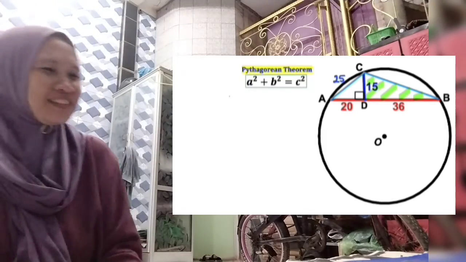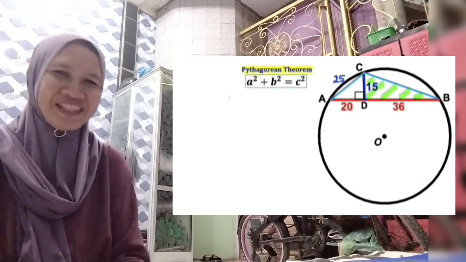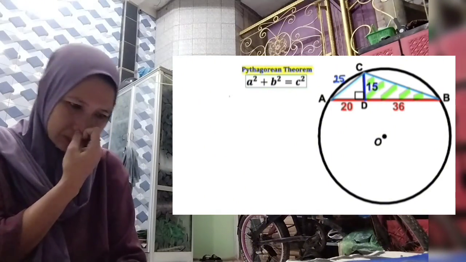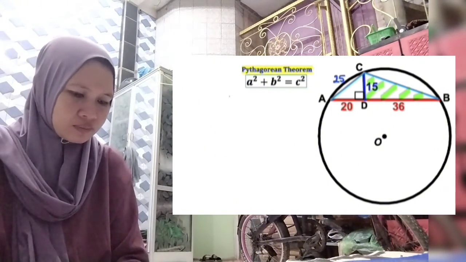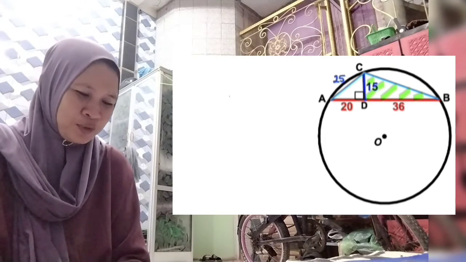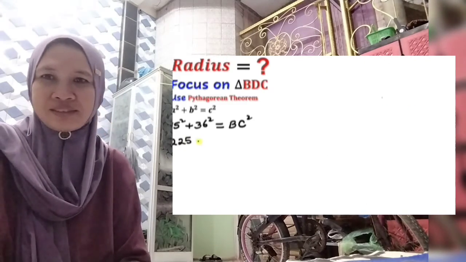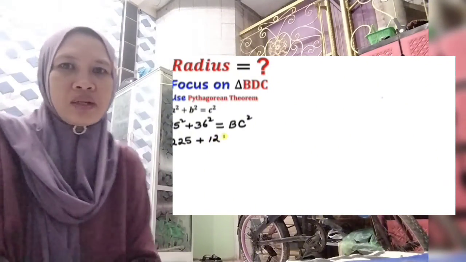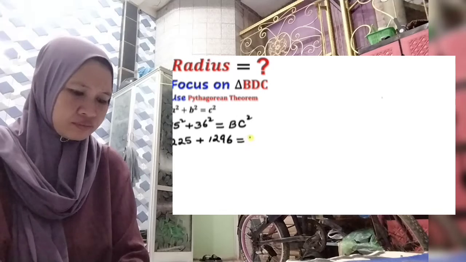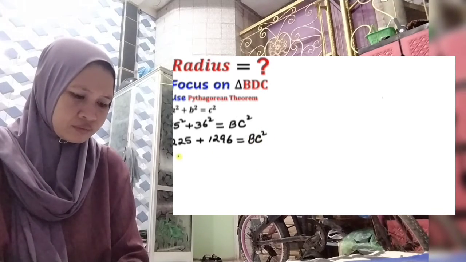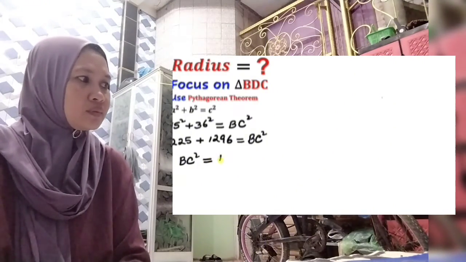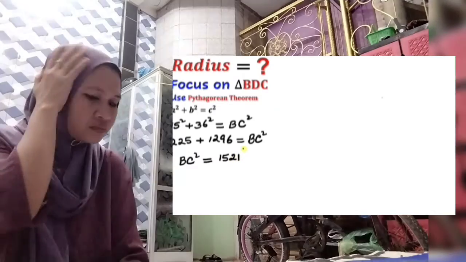So we got 15 square plus 36 square is going to be equal to our hypotenuse BC square. Let's simplify. That is going to give us 225 plus 36 square is 1296 is going to be equal to BC square. So therefore our BC square is going to be equal to 1521.